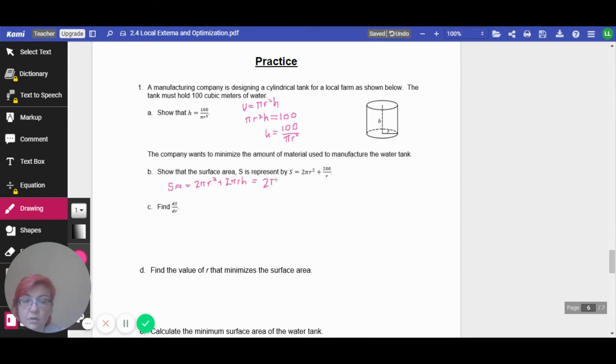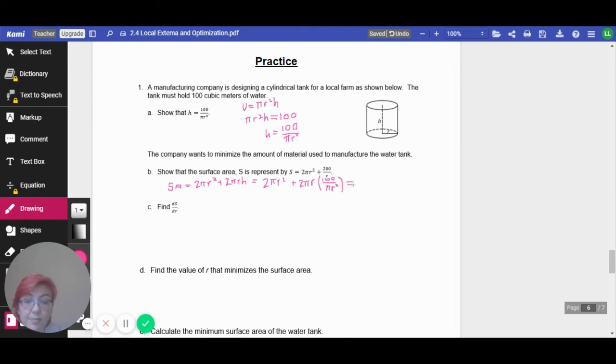2 pi r squared plus 2 pi r, and instead of h, we're going to write 100 over pi r squared.